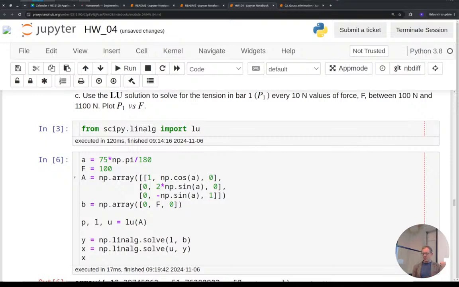And now I can solve in a two-step: solve the lower matrix and then solve the upper matrix. It's taking that Gauss elimination and batch processing it, doing all of the Gauss elimination at one time for LU decomposition, and then the back substitution all at one time.